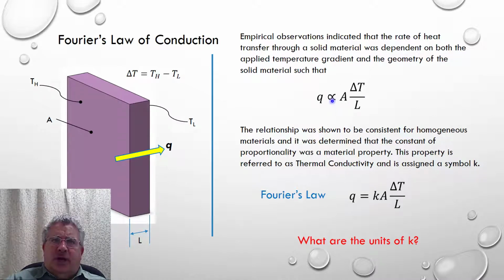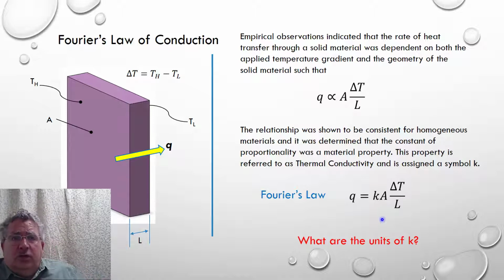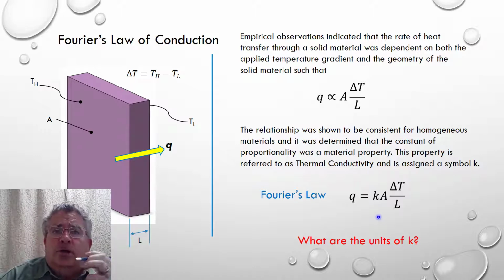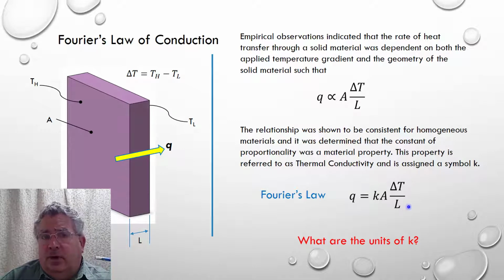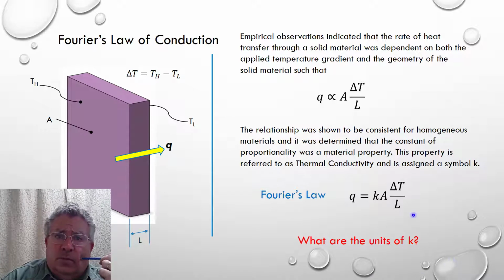So this proportionality constant that comes up is a material property, and that material property is known as the thermal conductivity and is defined by a symbol K. So Fourier's law, written as a heat rate, is Q equals K times the area times delta T over L. If we wanted to write this as a heat flux, so Q double prime, it would be Q double prime equals Q divided by A equals K delta T over L. I'll leave it for you to determine what the units of K are.